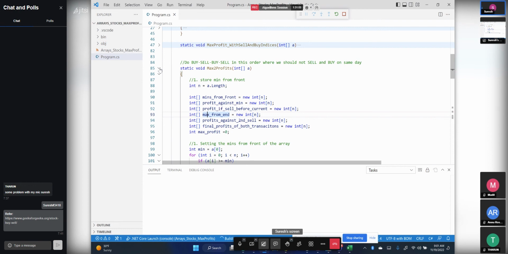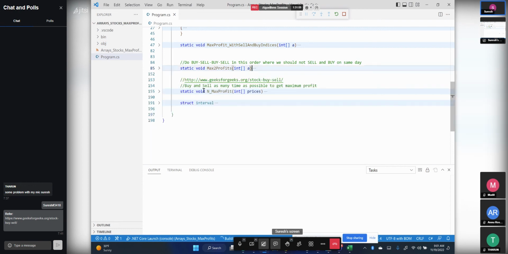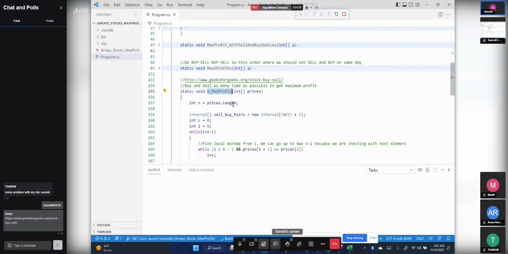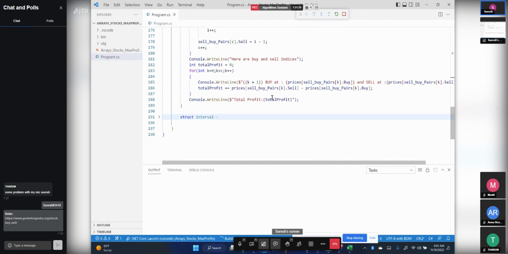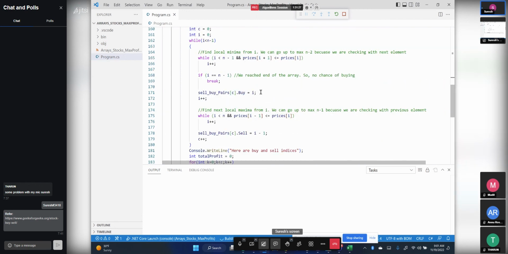And there is one more final algorithm, max profit with unlimited transactions. Basically buy and sell as many times as possible to get the max profit. This is super complex because it's saying you can buy anytime, you can sell any number of times, you can buy any number of times. There is no restriction. Okay, this is the algorithm for that, and total profit will be like this. This is also complicated.